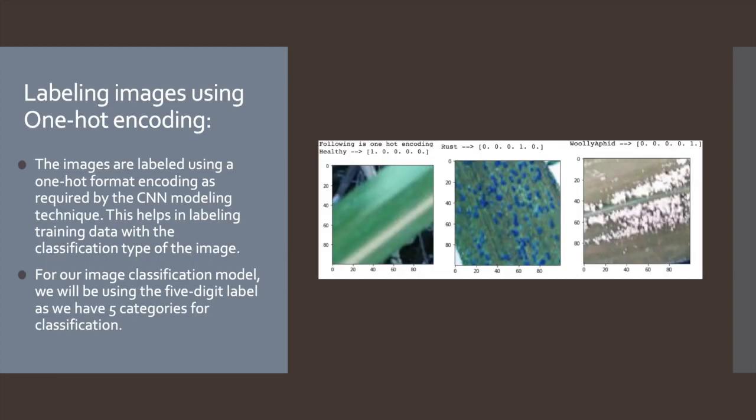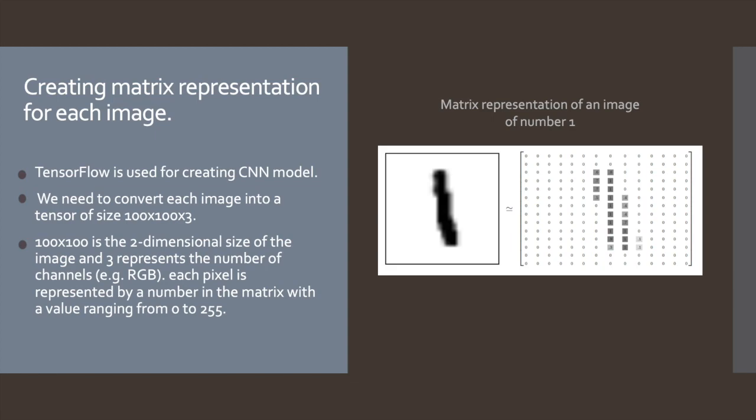Labeling images using one-hot encoding. To use the images with a convolutional neural network model, I had to label the images using one-hot encoding. In this encoding, number 1 is used to show the classification for a particular image, creating matrix representation for each image.